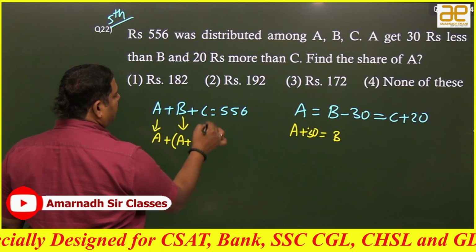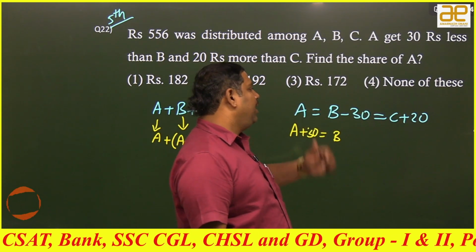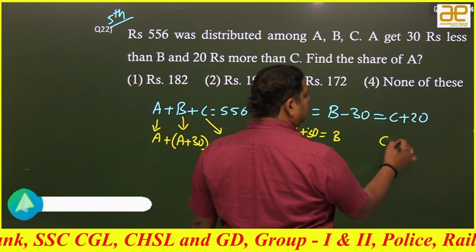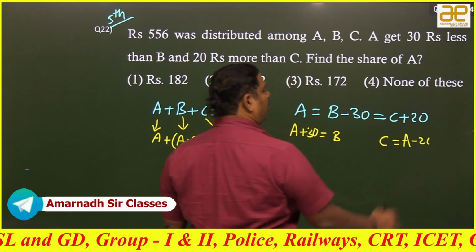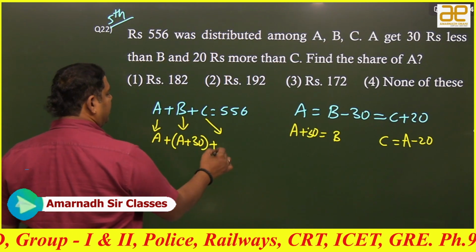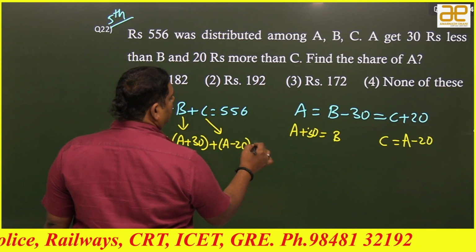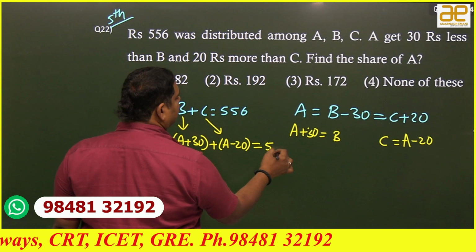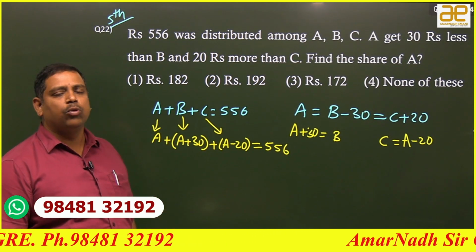And next one, I want to convert even C into A, right? C plus 20 is A, means C is, move the 20 this side, it will be A minus 20. So, I am writing instead of C, A minus 20. This is equal to how much? 556. There ends the game. If you can write this step, the game is over, right?